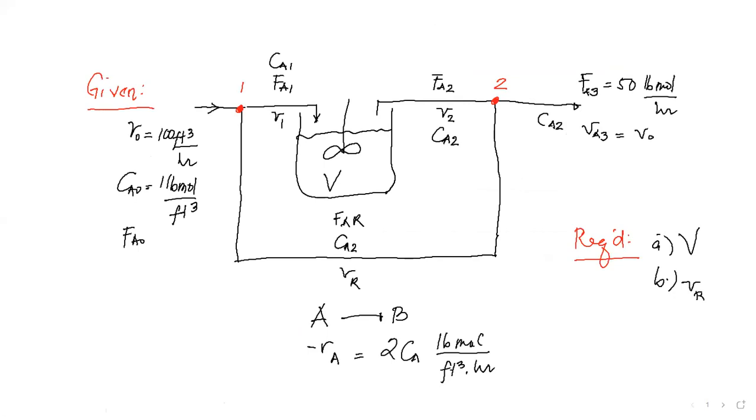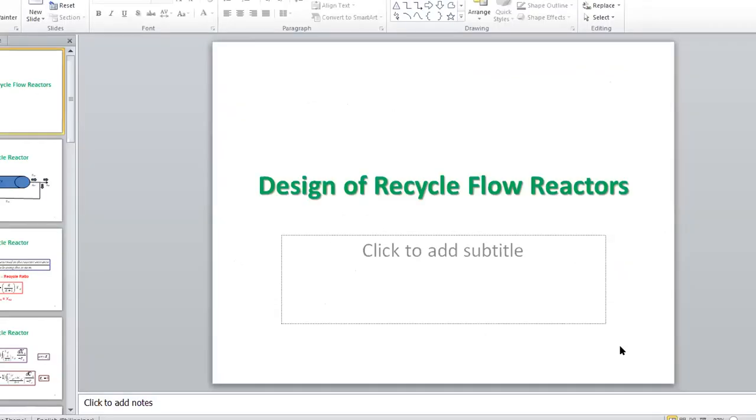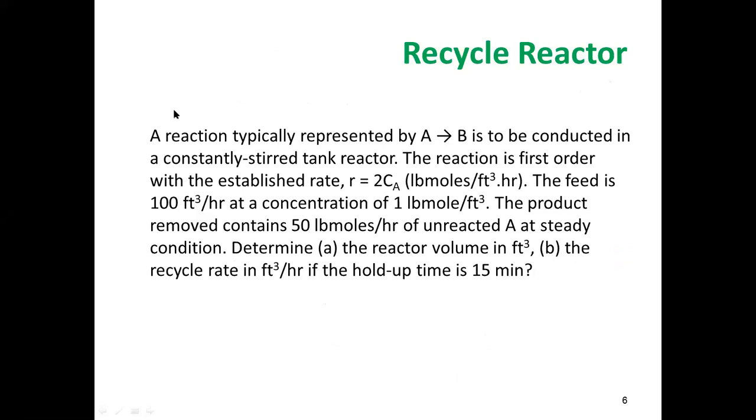So if we go back to our slide, it was already erased. Our R then is equal to VR over V3. Our VR as computed is 100 cubic feet per hour. V3 is 100 cubic feet per hour also.